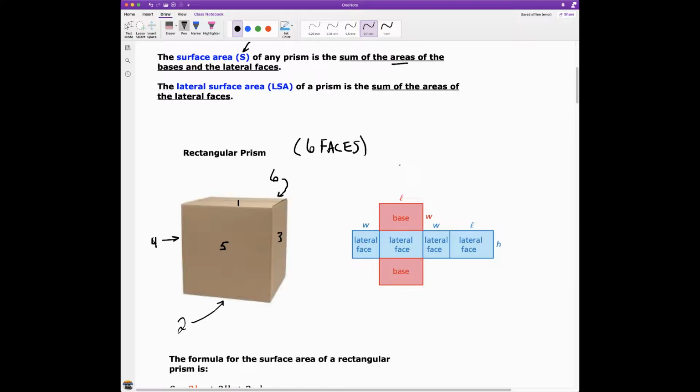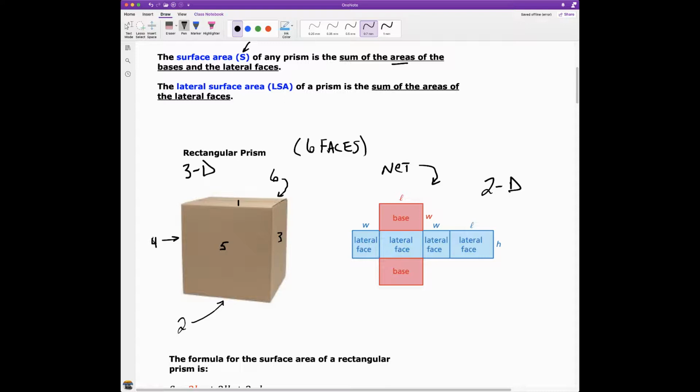Last year in 6th grade, when you went over surface area of rectangular prisms, you used a tool called a net. And this is an example of a net. It's like taking this box and cutting it along its edges and laying it flat on the ground. So it's taking this 3-dimensional or 3D object and turning it into a 2-dimensional or 2D object.